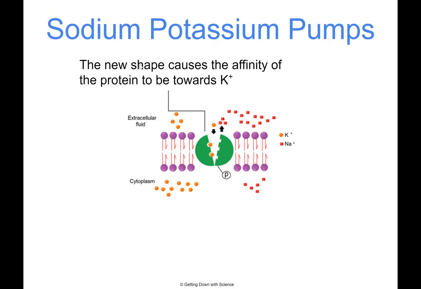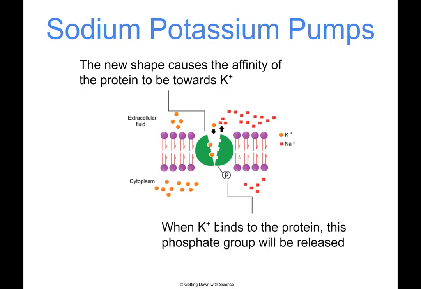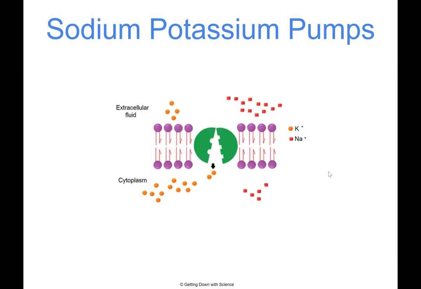And notice when it does so, the new shape now prefers the potassium, so it's going to pick up its 2 potassiums. And that K+, when it binds, basically causes that phosphate group that we added on from ATP to be released, so it lets go, causing the cell to go back to its original shape, bringing the potassiums into the cell.